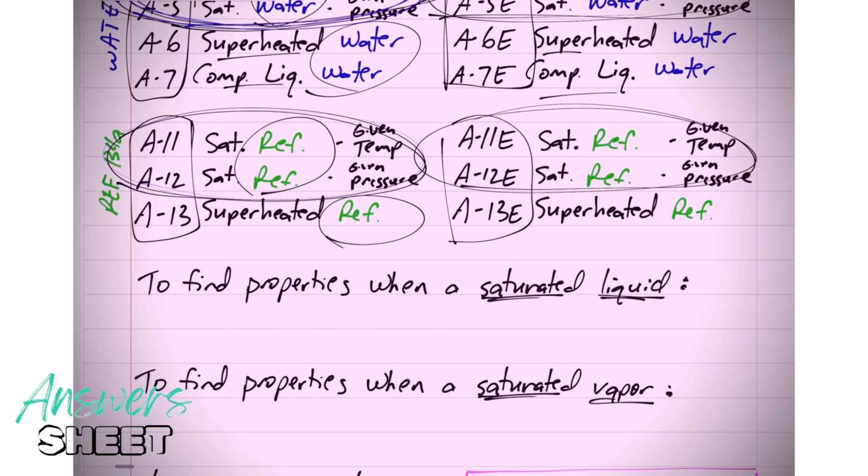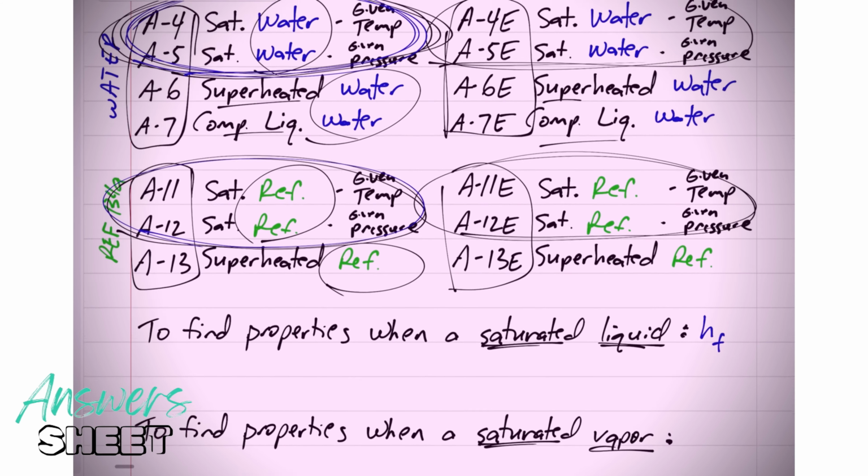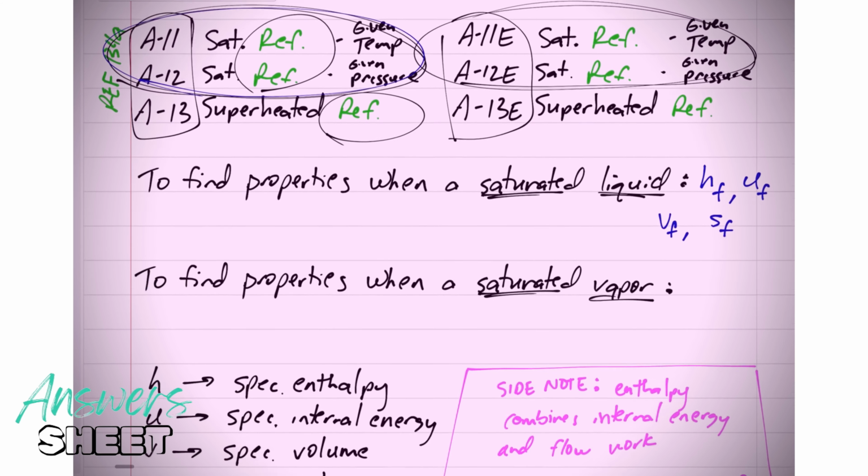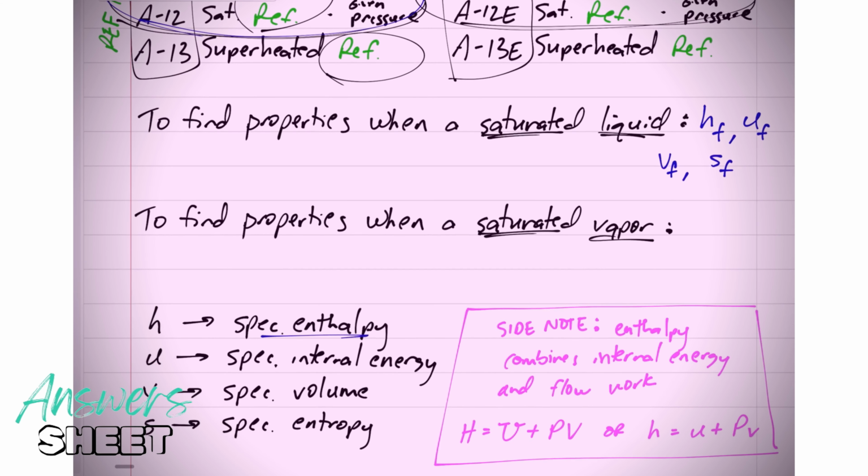The saturated liquid properties have a subscript f: h_f, u_f, v_f, s_f. H is enthalpy, u is internal energy, v is volume, and s is entropy. So the saturated liquid properties have subscript f.